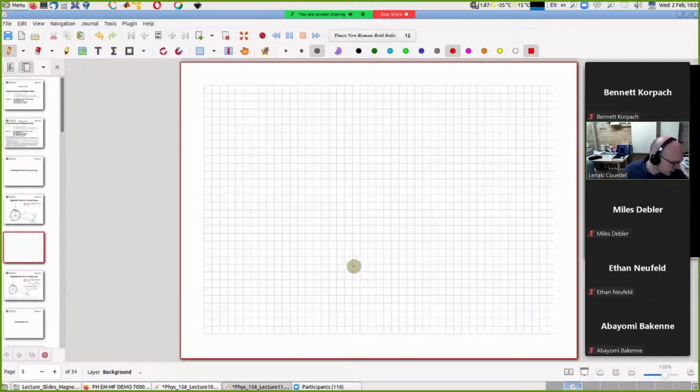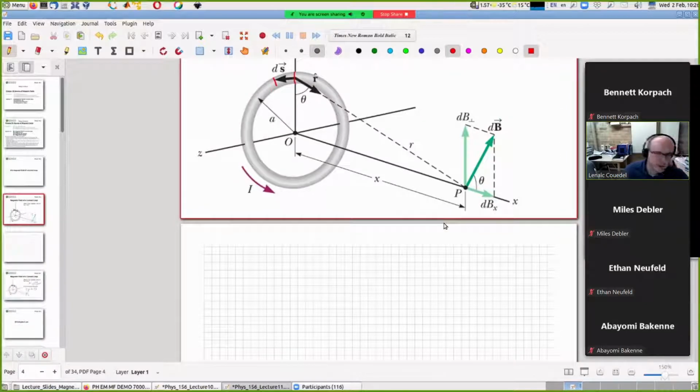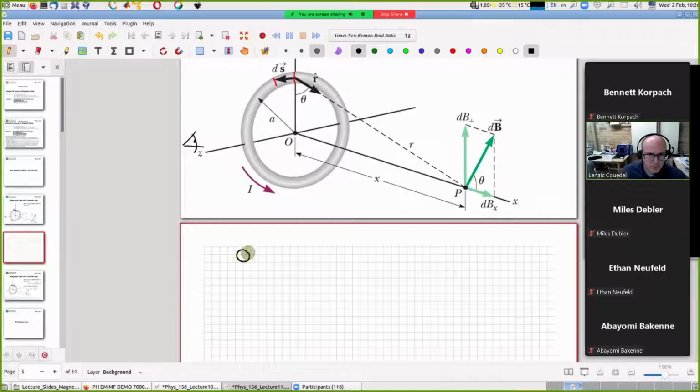So the situation is slightly more complicated than for a straight wire. We can start by having a side view of the situation. If I put my eye here, what I see from the side is, at the top, a current coming towards me, and at the bottom a current going away from me.